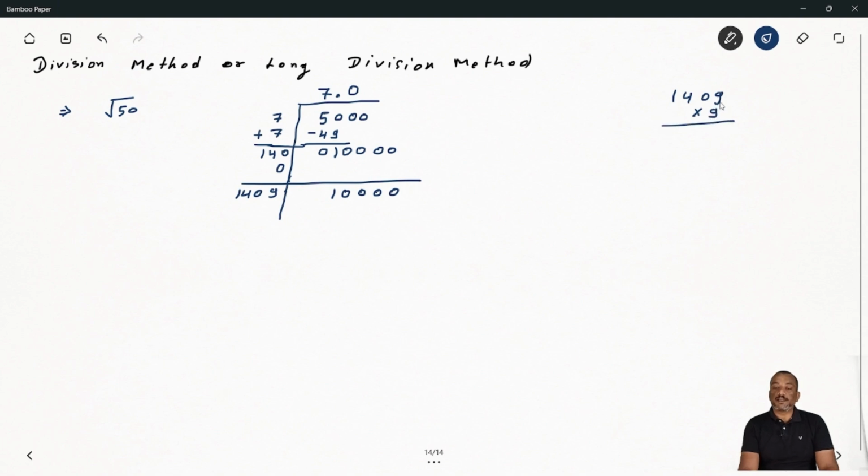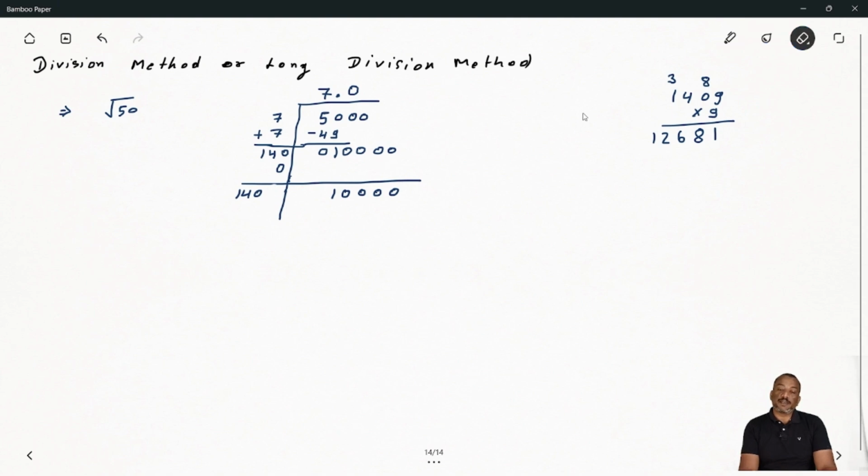So 1409 multiplied by 9: 9 times 9 is 81, write 1 carry 8. 9 times 0 is 0 plus 8 is 8. 9 times 4 is 36, carry 3, and 9 times 1 is 9 plus 3 is 12. Now you can see it is coming more than 10,000, so we cannot consider it. We take another number.